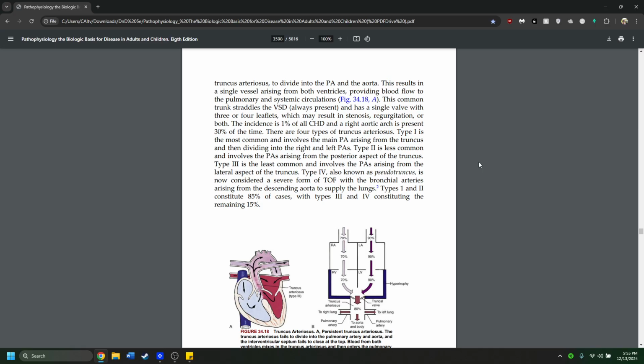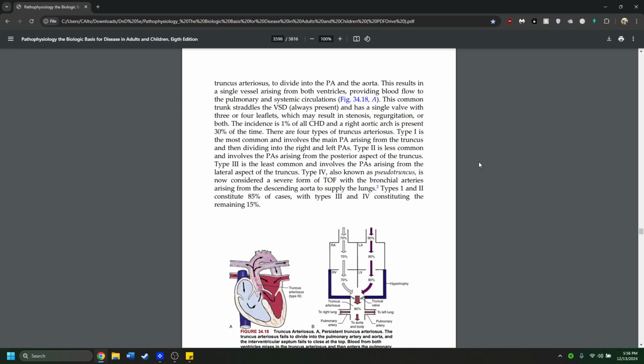There are 4 types of truncus arteriosus. Type 1 is the most common and involves the main pulmonary artery arising from the truncus and then dividing into the right and left pulmonary arteries. Type 2 is less common and involves the pulmonary arteries arising from the posterior aspect of the truncus.